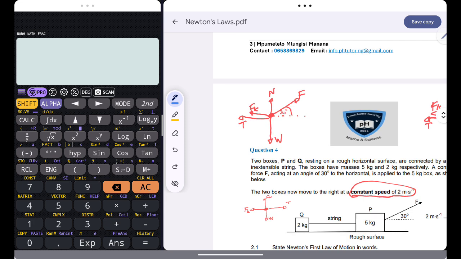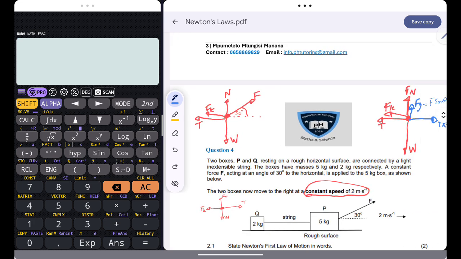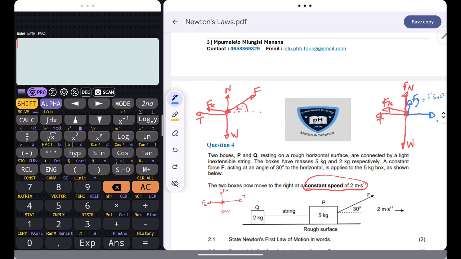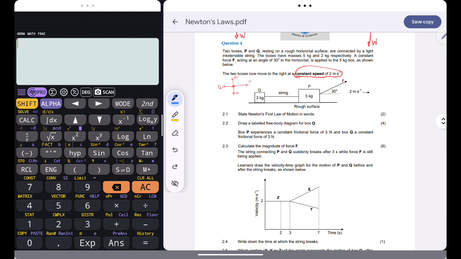So these are the two ways that you can draw your free body diagrams. Okay, so now let's work.